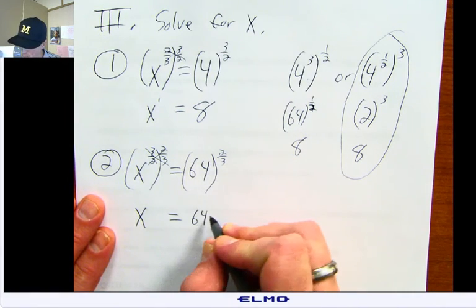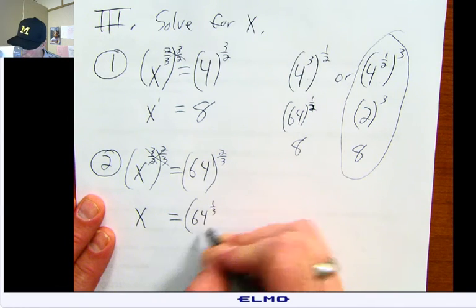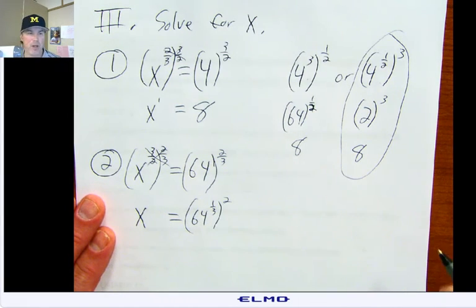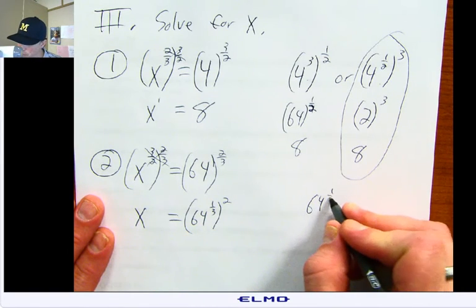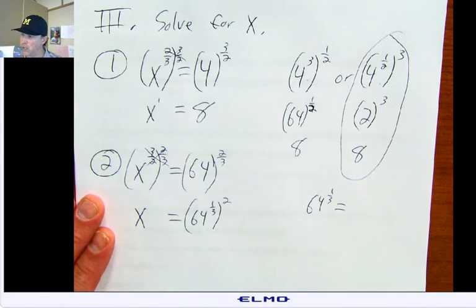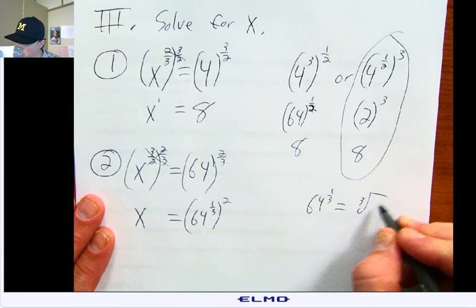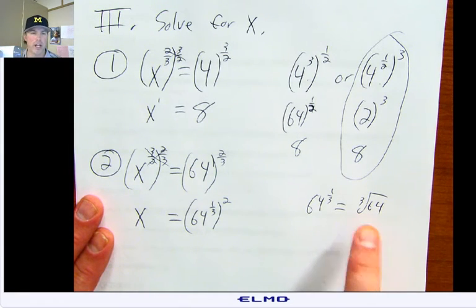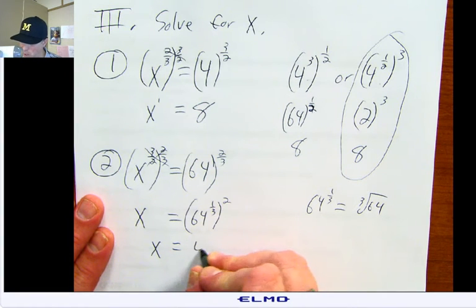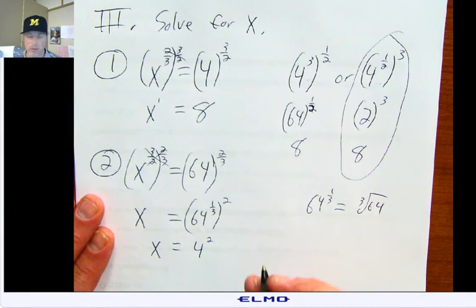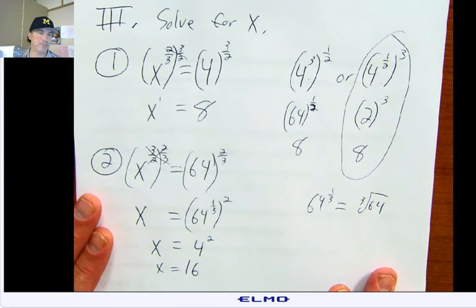So I have 64 to the 1/3, all that squared. Well, 64 to the 1/3 is the same thing as the cube root of 64, and the cube root of 64 is one that you need to have memorized. It's 4, and 4 squared is 16, so x equals 16.